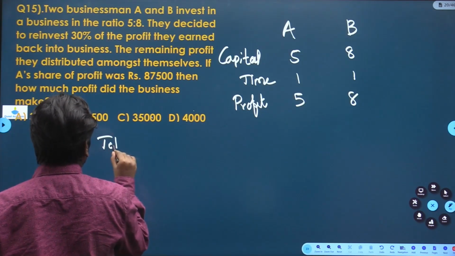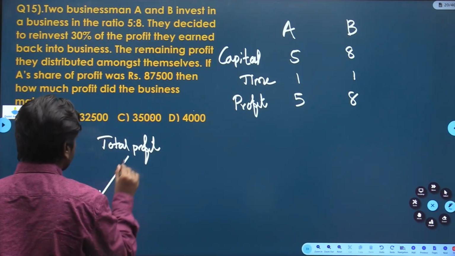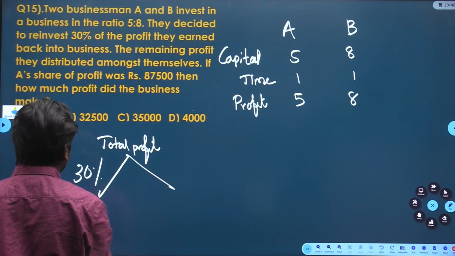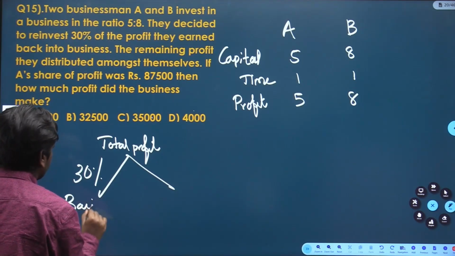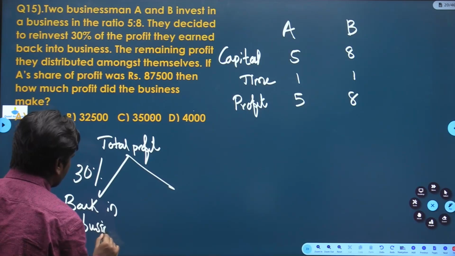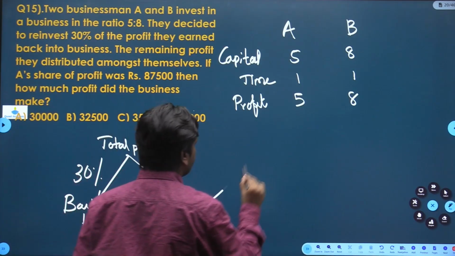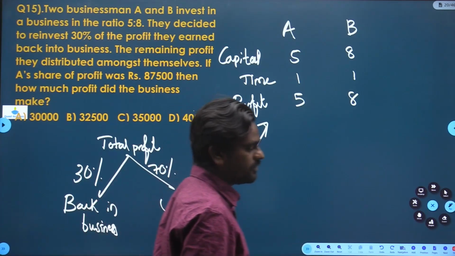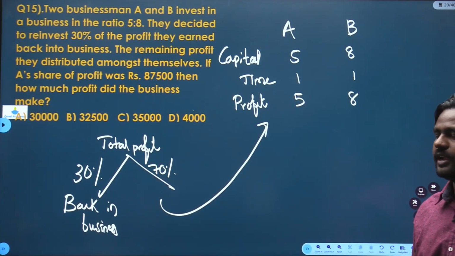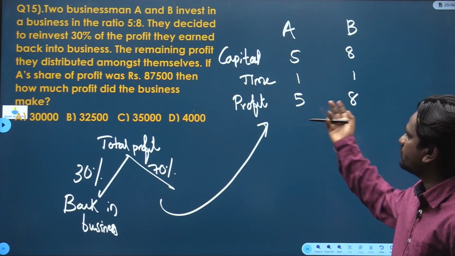out of total profit. They have decided to reinvest how much? 30% back into the business. Now 70% of the profit will be shared, and the profit share of A to the profit share of B will be 5:8.